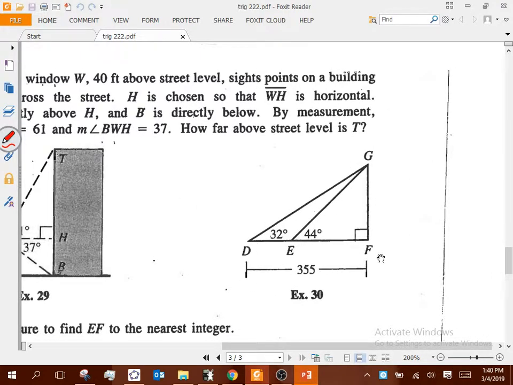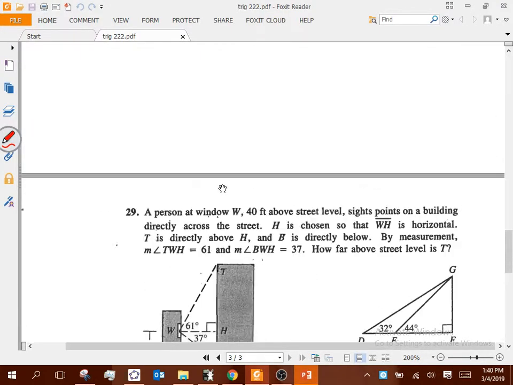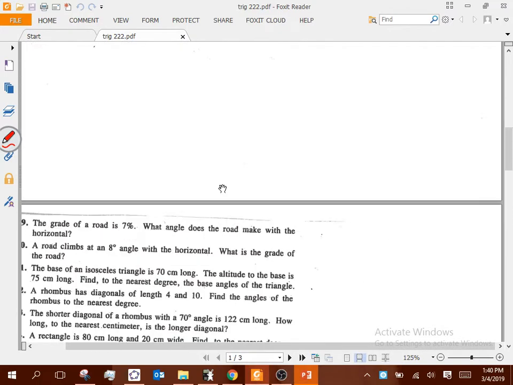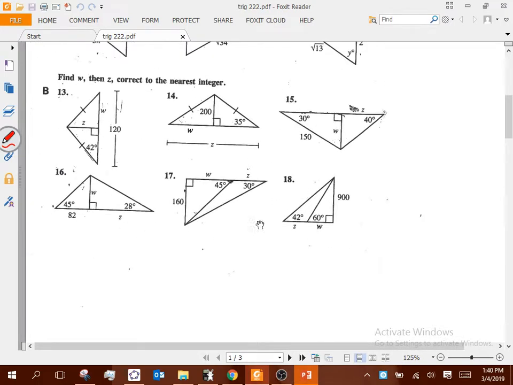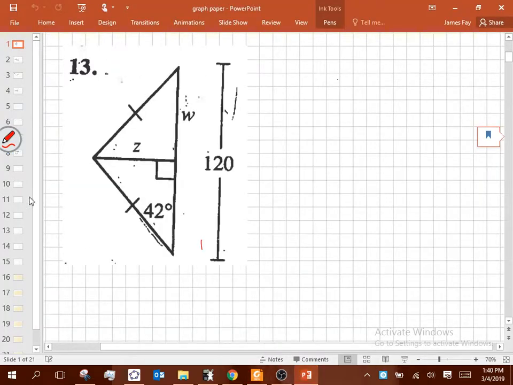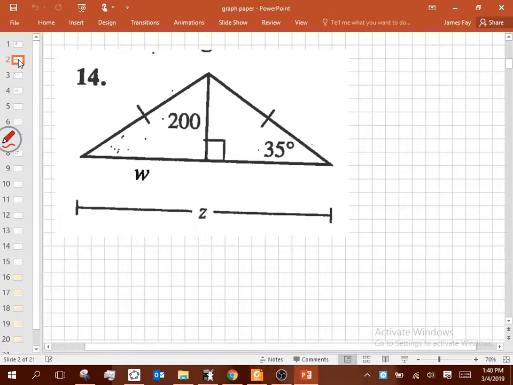Does that make sense? Okay? So that's kind of your end-of-course exam type questions, but seeing 13 through 18 like this is hopefully trying to get us to develop that skill that once we do see a story problem, once we create the picture, we can then address it. Okay? So kind of building that procedure.